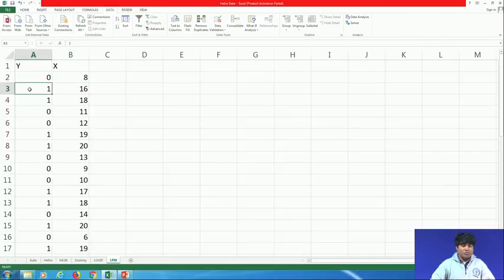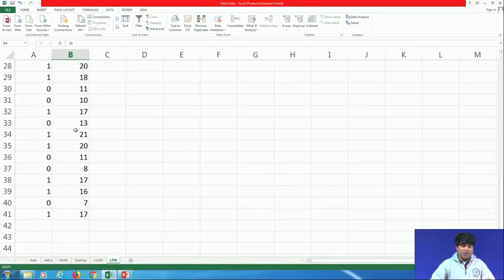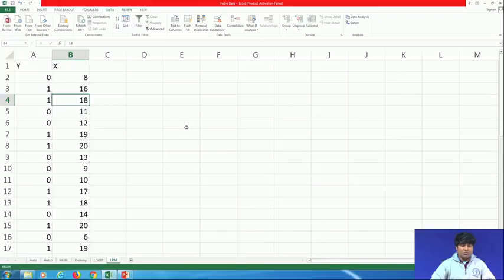Again, 1 indicates that he has a family ownership status and his income is 16 lakhs. The third one has ownership status and an income of 18 lakhs. Likewise, we have plenty of data, and what we would like to check is whether income is a factor that justifies people having ownership status or not.